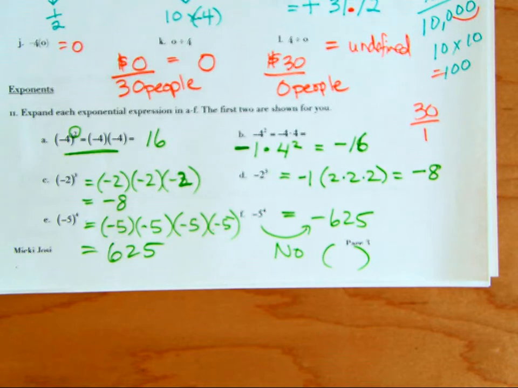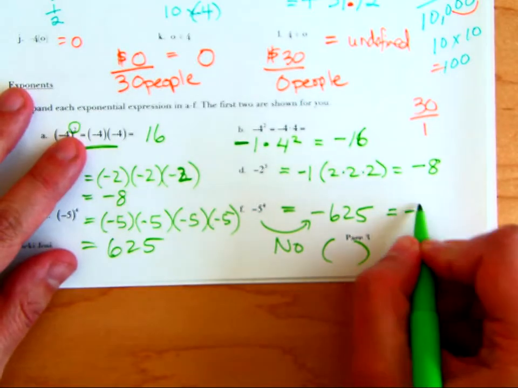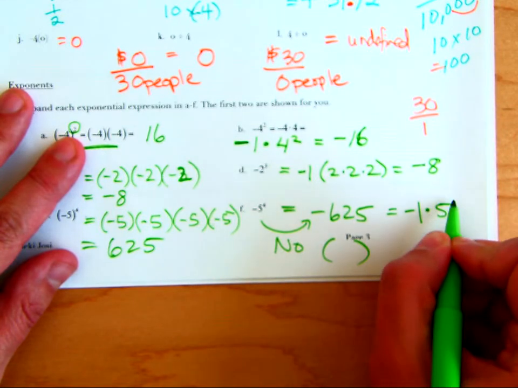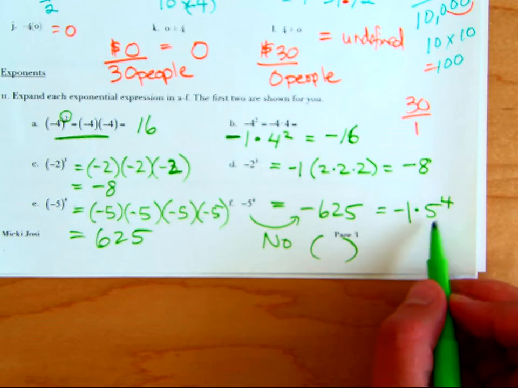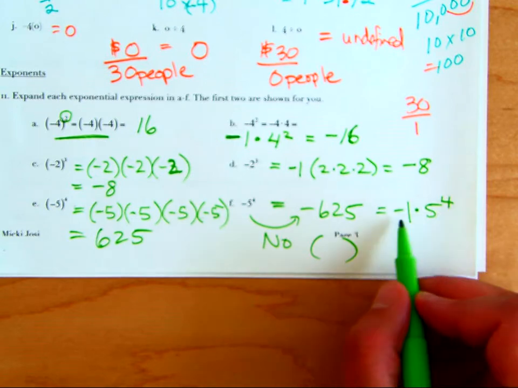If it's not in parentheses, it's not included. This is the same exact problem right here as negative 1 times 5 to the fourth power. And the order of operations will tell us, go ahead and take 5 to the fourth power, then multiply it by a negative 1. Okay?